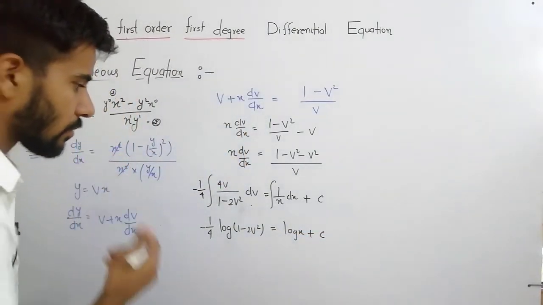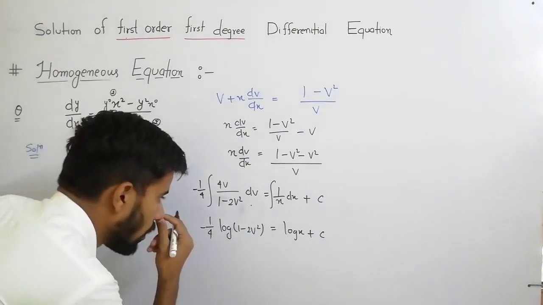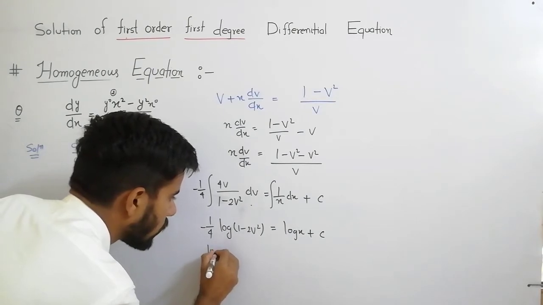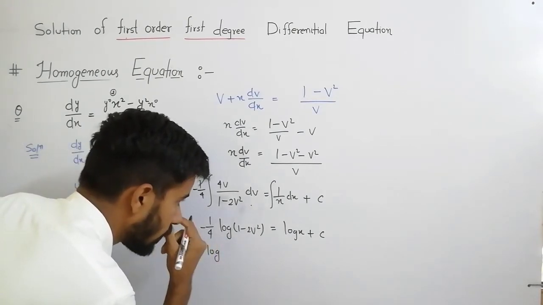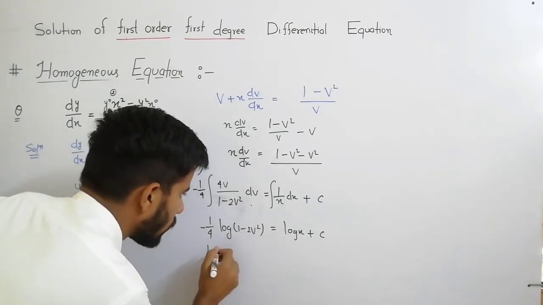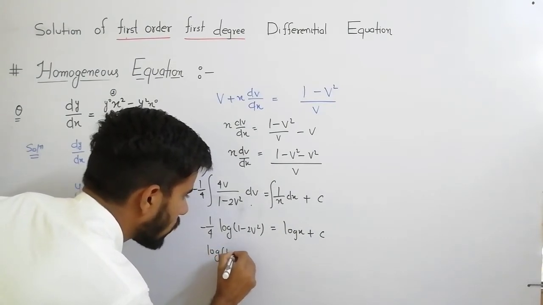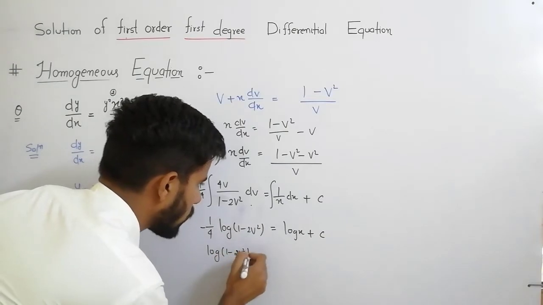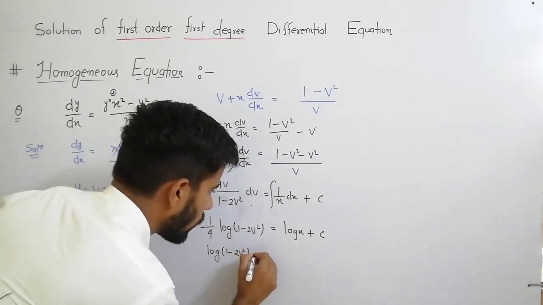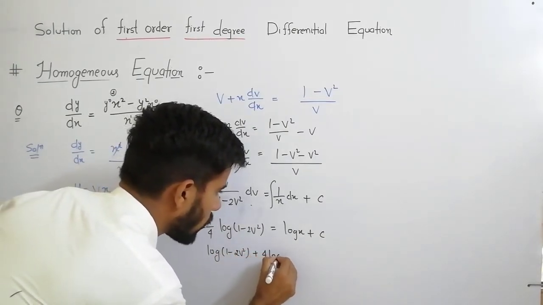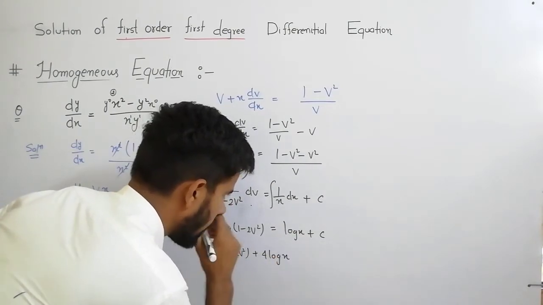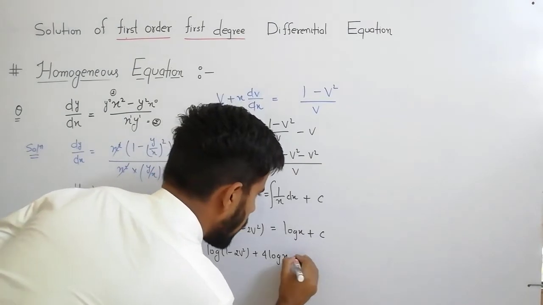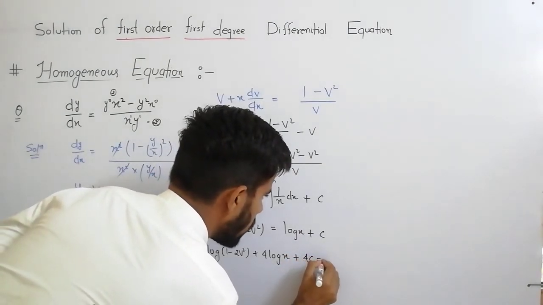Now if we multiply 4 on both sides, then log of 1 minus 2v square plus 4 log x plus 4c is equal to 0.